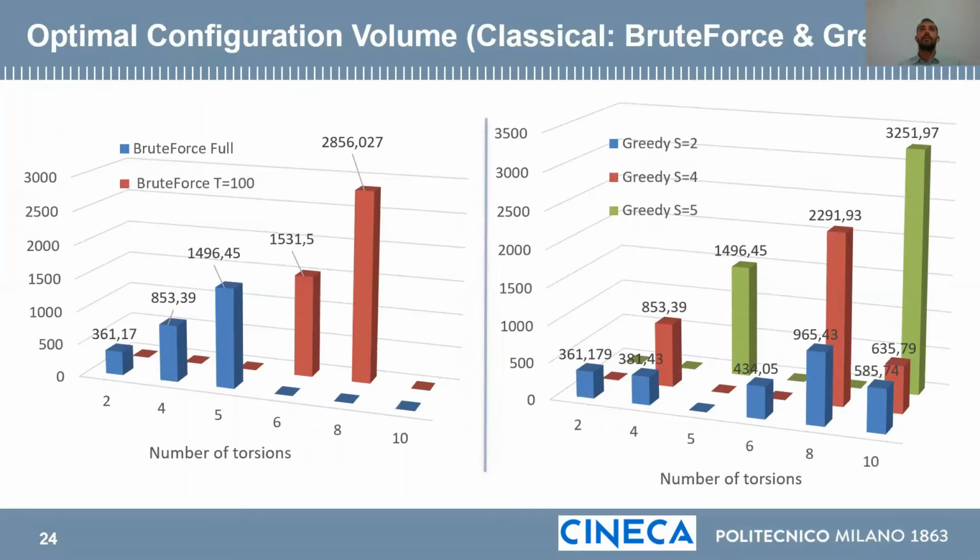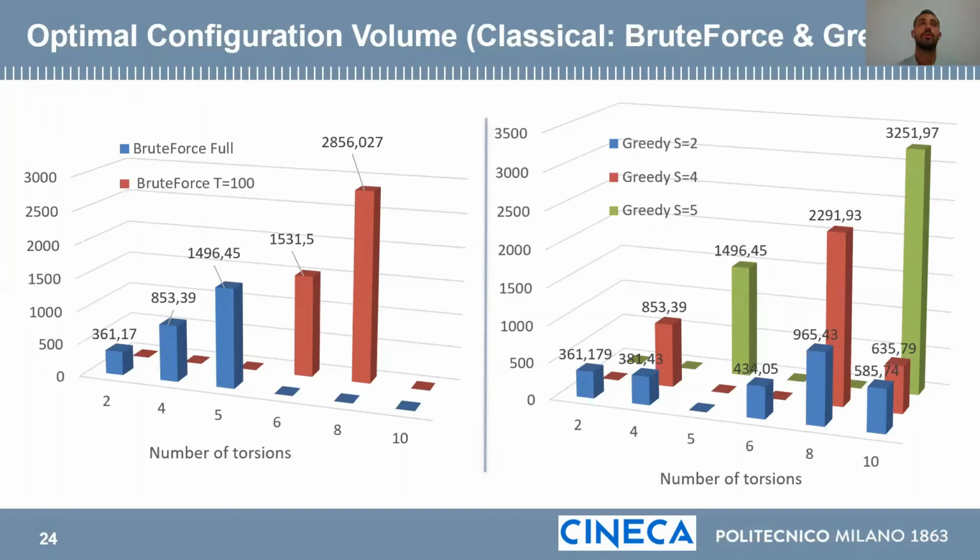These now are the results that we get from the classical approaches, the brute force and the greedy approach that Kevin explained before. On the left is shown the brute force approach.